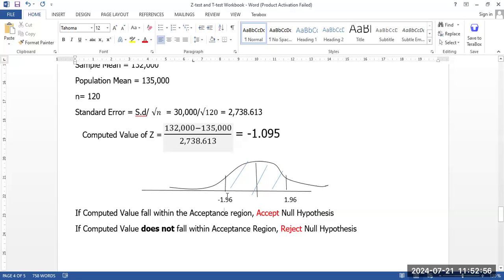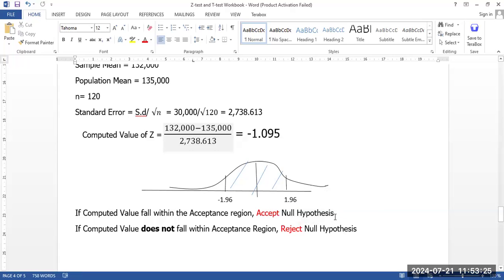Then once you do that, place your computed value. Remember, this is the acceptance region. Ask yourself, does this figure fall within the acceptance region? If the answer is yes, you are going to accept the null hypothesis. If the computed value falls within the acceptance region, then accept your null hypothesis.